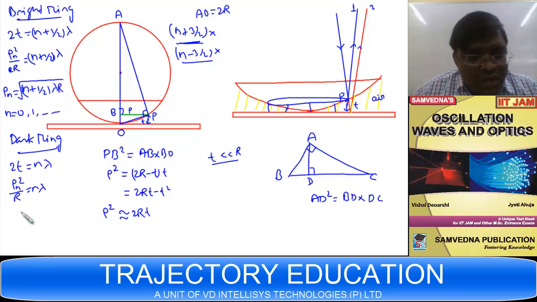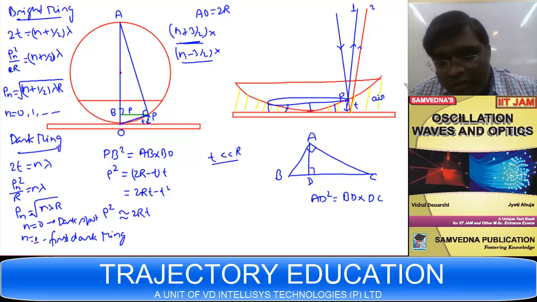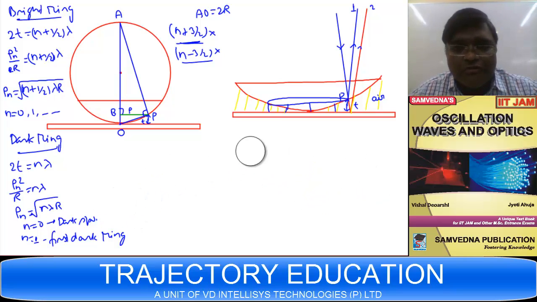That is, rho n square is n lambda, or the radius of the dark ring is square root of n lambda r, where n equal to 0 will give you the dark spot, you have the dark spot over here, and n equal to 1 will give you the first dark ring, and so on. N equal to half will give you the first dark ring.